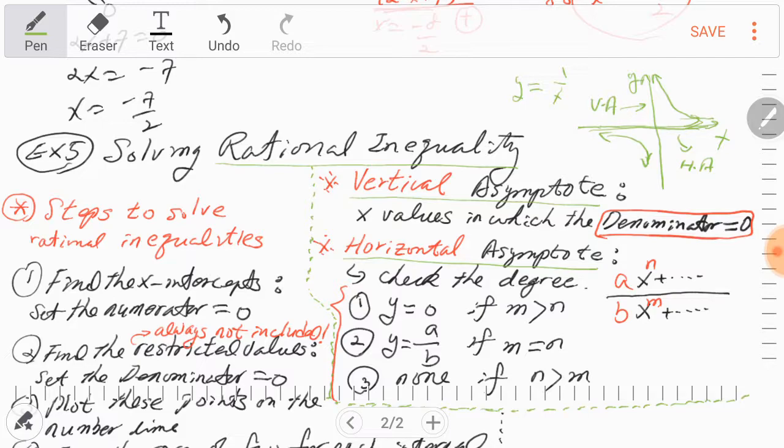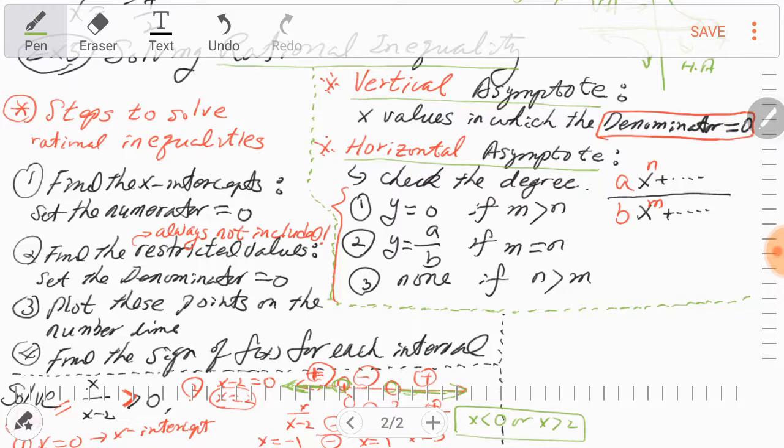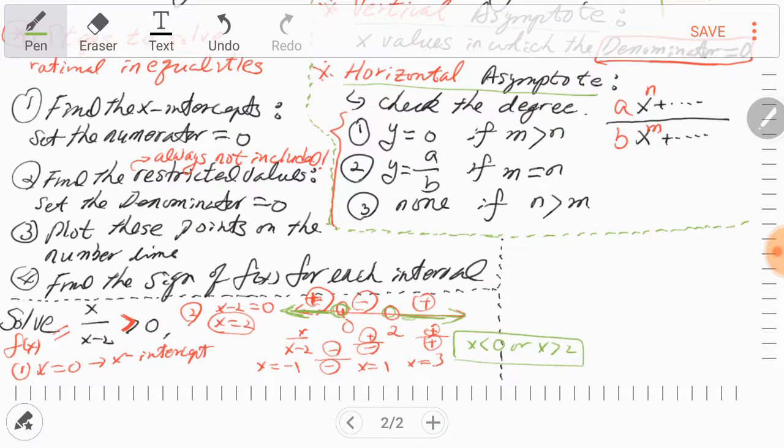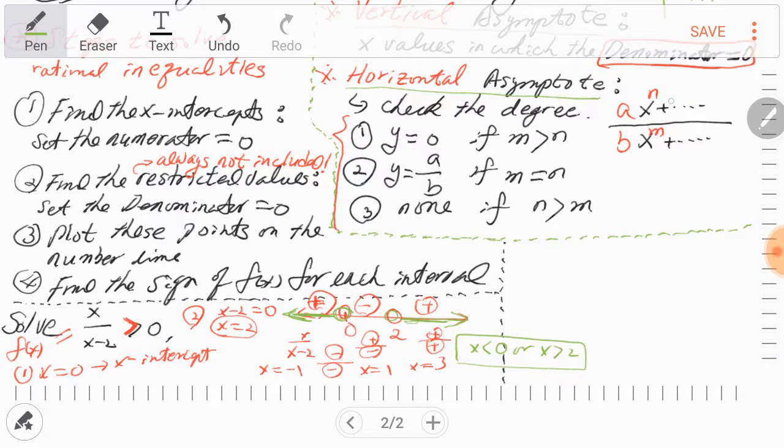So we can find the vertical asymptote very easily. Just set the denominator equal to 0 and then solve for x. That's the vertical asymptote. And then for the horizontal asymptote, there are 3 cases. In this case, we have to check the degree of the numerator and the denominator, the largest degree, and then compare the degrees.